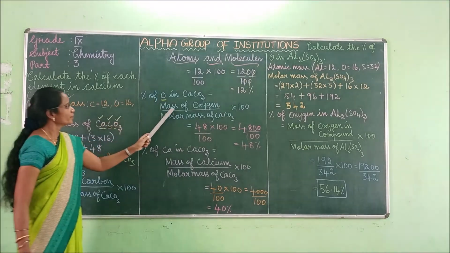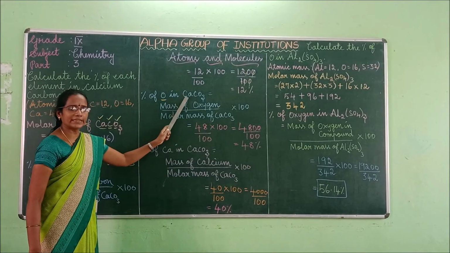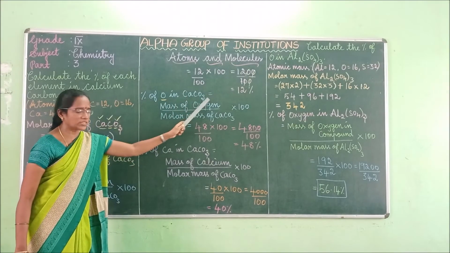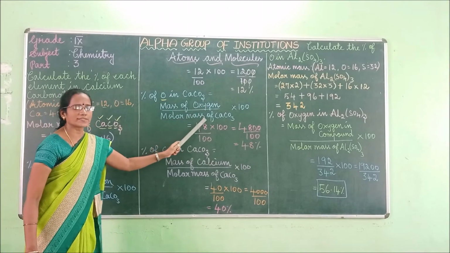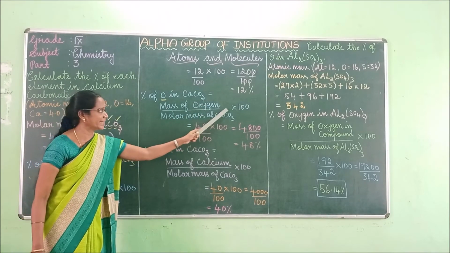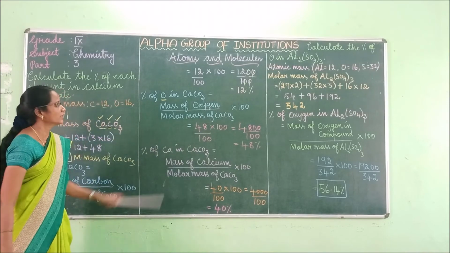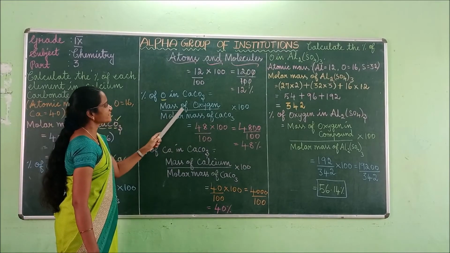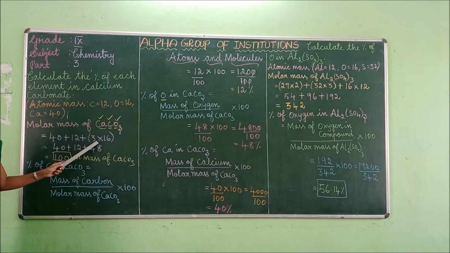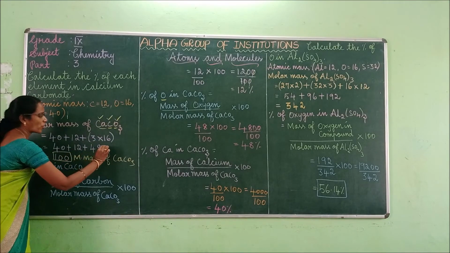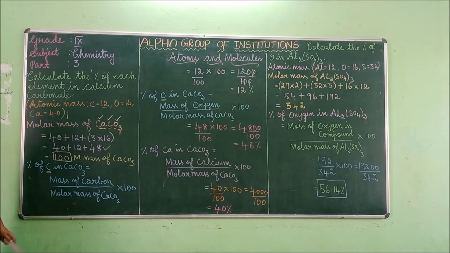So percentage of oxygen in calcium carbonate is equal to mass of oxygen by molar mass of calcium carbonate into 100. What is the mass of oxygen? The mass of oxygen is 3 into 16, 48. This is the mass of oxygen, isn't it?